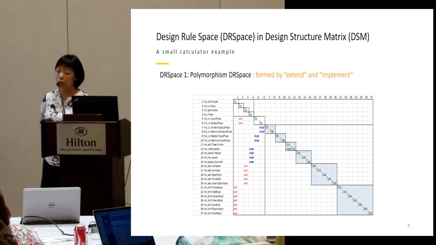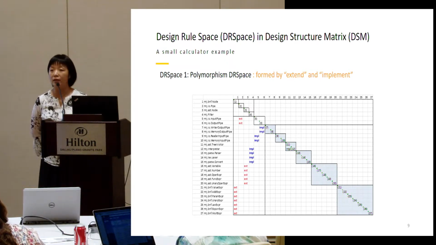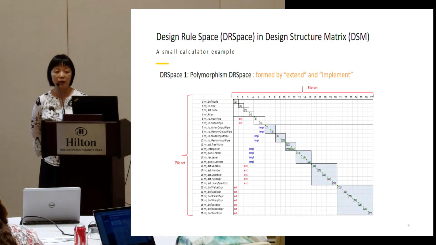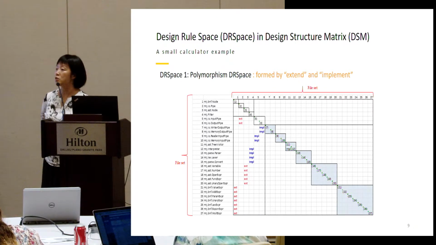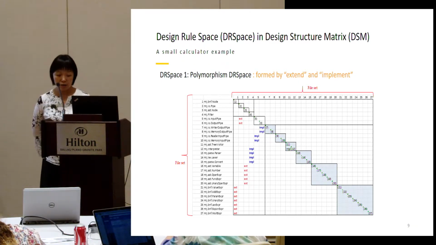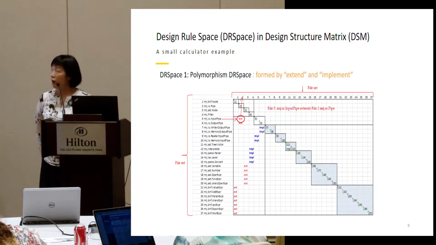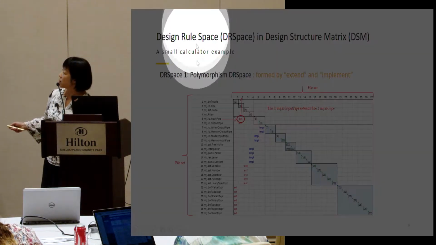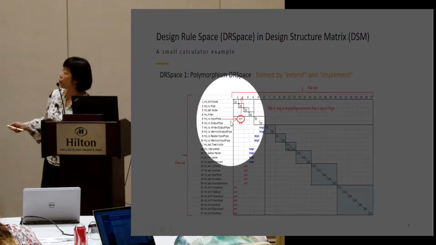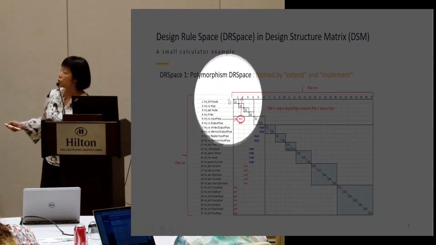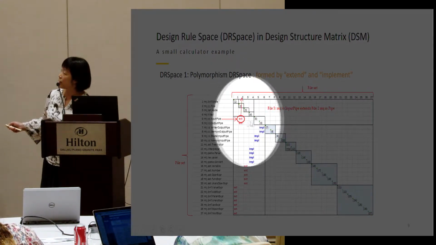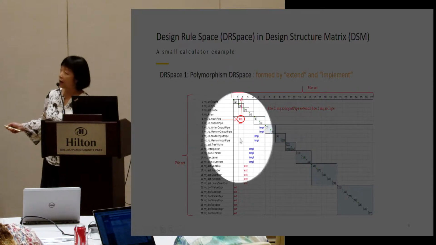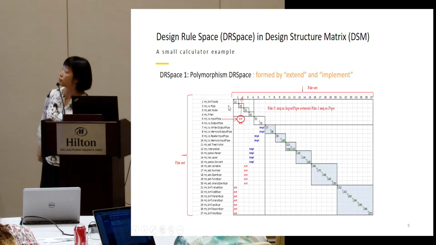Its columns and rows can be labeled with any design element you care about. But in this case, we just label the columns and rows with the file names in the same order. And a cell marks the dependency between the file on the row and the file on the column. So this cell is labeled as extension, which means file 5 extends file 2.